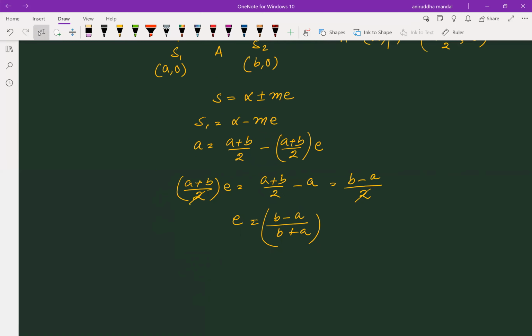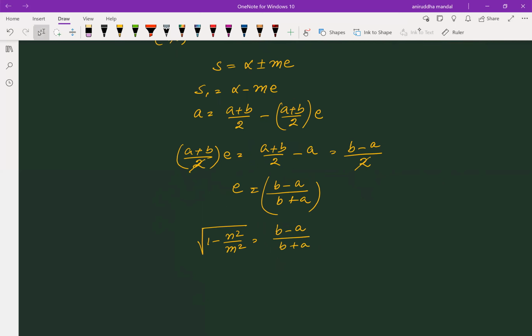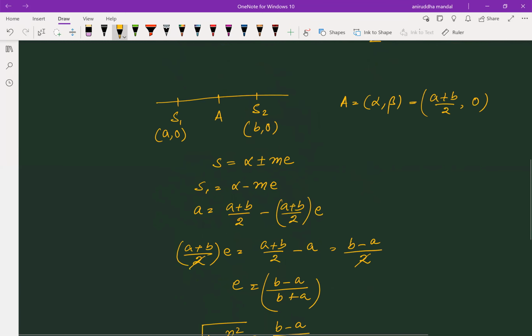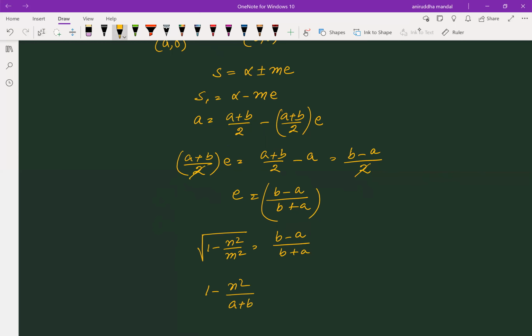We also know that the eccentricity of an ellipse equals the square root of 1 minus n square by m square. So (b minus a) by (b plus a) equals that; squaring both sides, we have n square by m square. m square we can write as ((a plus b) by 2) whole square, so 4 is there, and this is ((b minus a) by (b plus a)) whole square.